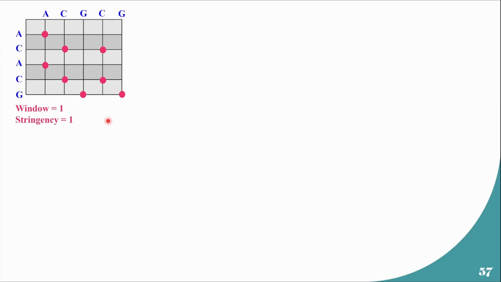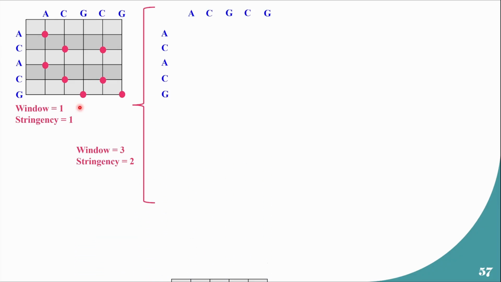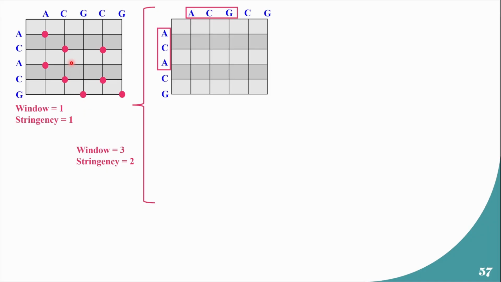Now, in this method of dot matrix, we had used a window size of 1 and stringency of 1. What window size indicates is how many components you are willing to compare at one particular time. If we had, for example, a window size of 3, instead of matching one character by one character, we would have matched the first 3 characters of the first sequence with the first 3 characters of the second sequence.